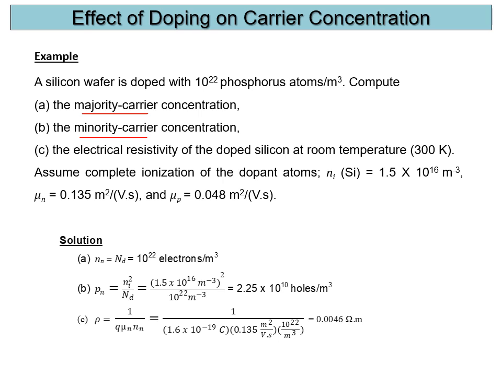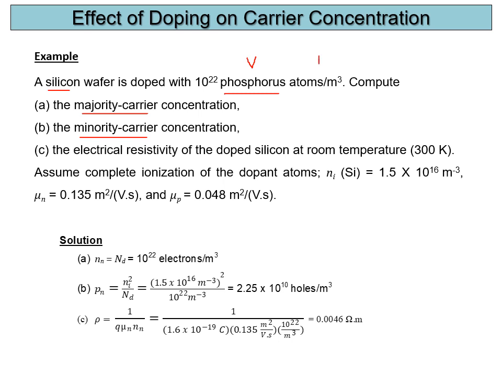For the first solution, you need to calculate the majority carrier concentration, but first you need to know what type of semiconductor this is. Phosphorus is a group five element, so it will dope the silicon wafer.